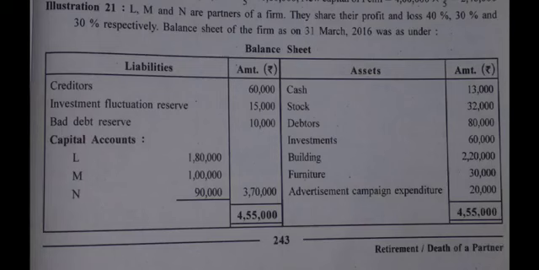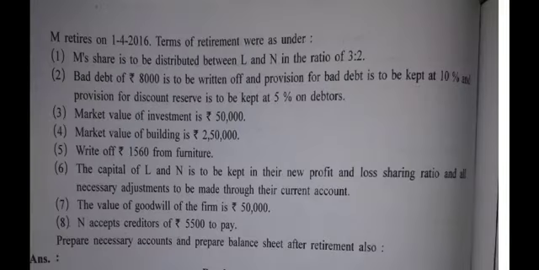Let us check the position of debtors. It is 80,000. And if you see the credit side of the old balance sheet, it is 10,000 as bad debt reserve. Yes, and the adjustment says that you have to write off 8,000 as bad debts.